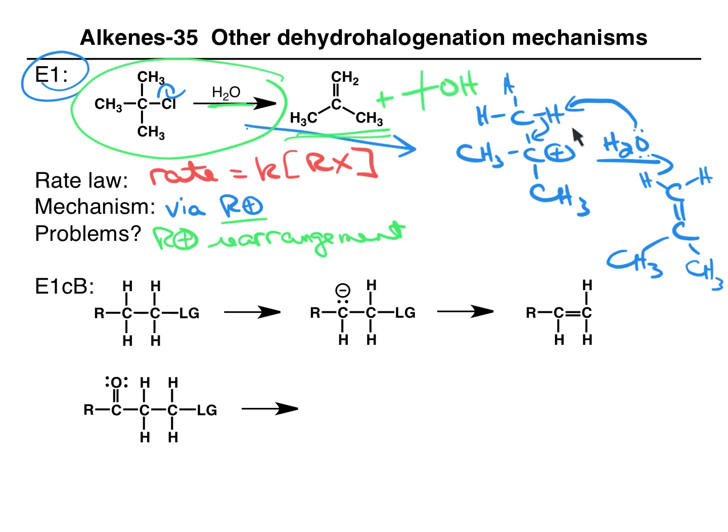Because after carbocation formation, water can act as a base or it can act as a nucleophile. So if it acts as a base, it leads to the elimination product. If it acts as a nucleophile, that leads to the substitution product. So there's going to be a difference if you're trying to get more of the substitution versus if you're trying to get more of the elimination. You can try to play around with the temperature, but in general, we're going to get a mixture.